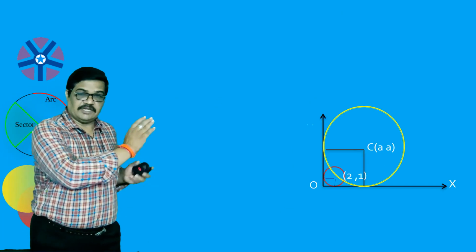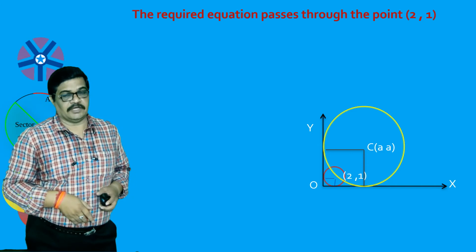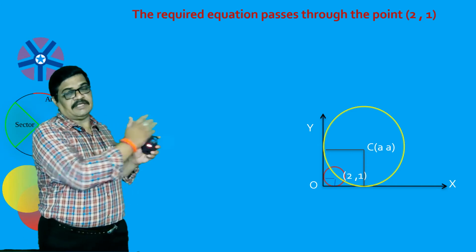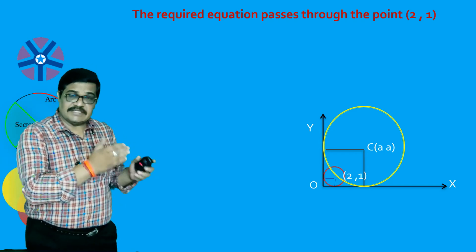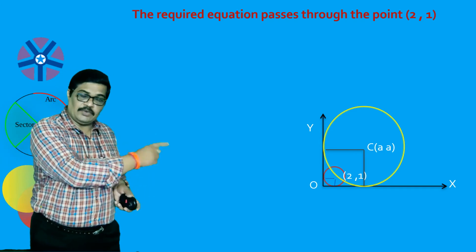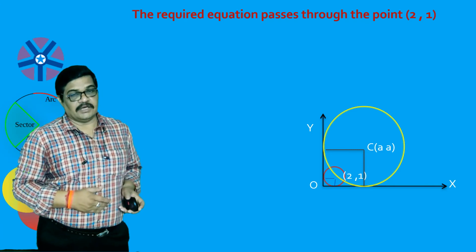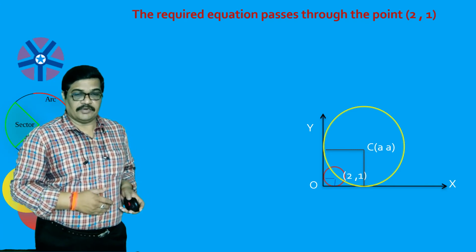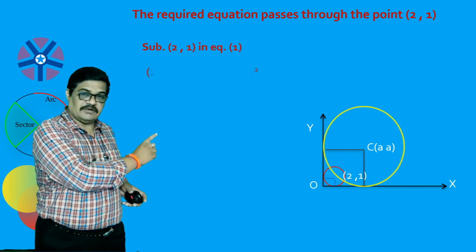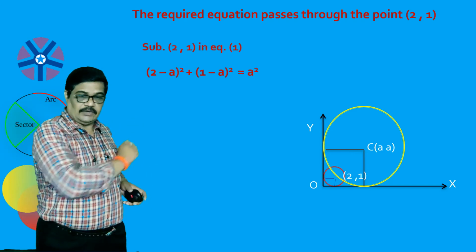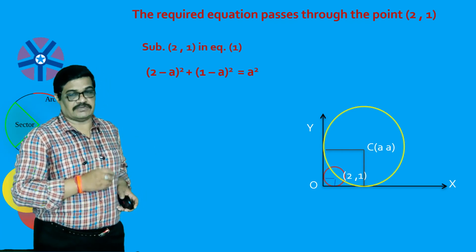The required circle is (x - a)² + (y - a)² = a², and it passes through the point (2, 1). Substitute this point in that equation: in place of x put 2 and in place of y put 1. We get (2 - a)² + (1 - a)² = a².